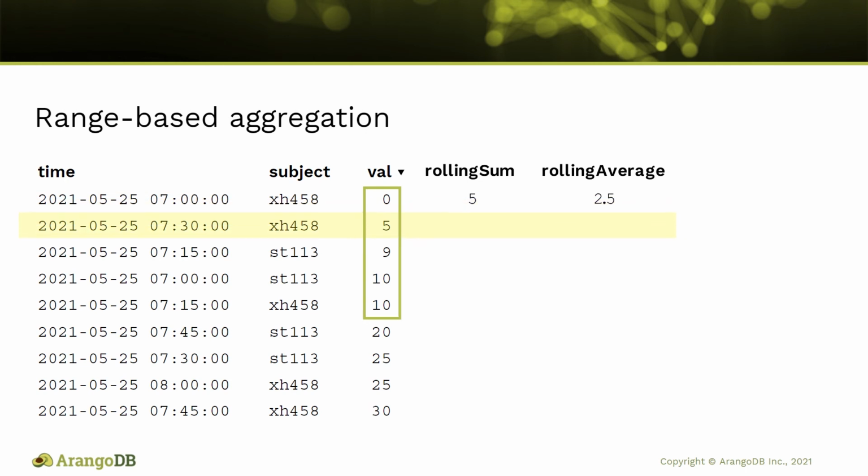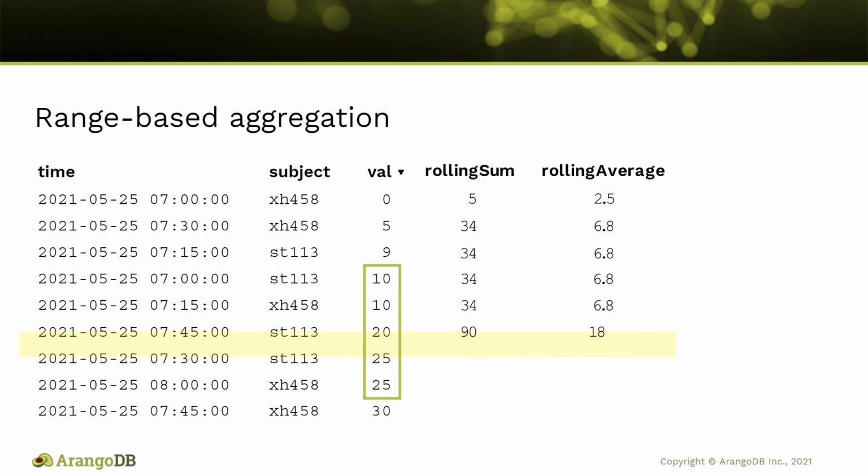Then we can continue to the next row, which is 5. So the range is -5 to +10. And that's the same for the values 9 and 10. The window doesn't change in that case. Then we move to 20 with a different window, and that's the final result here.